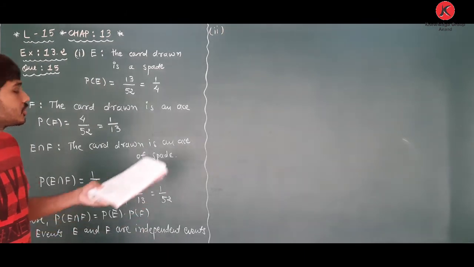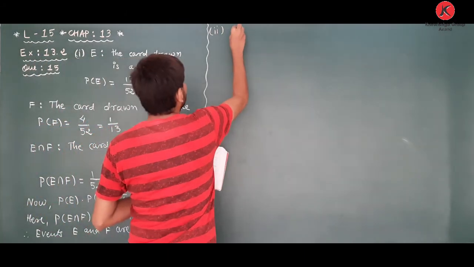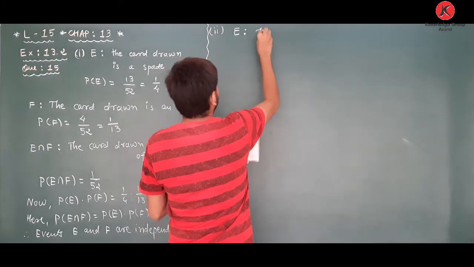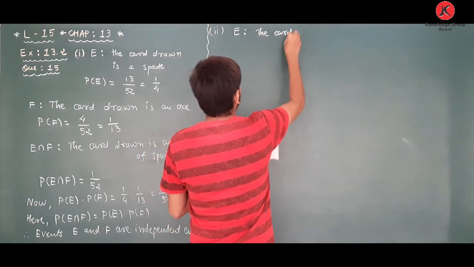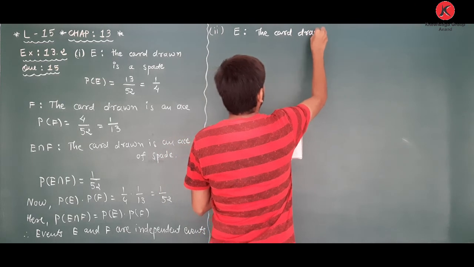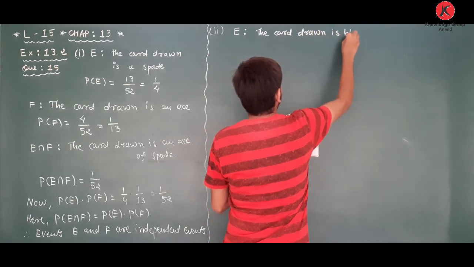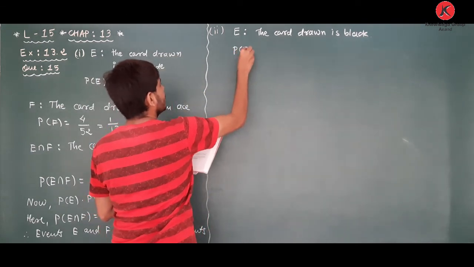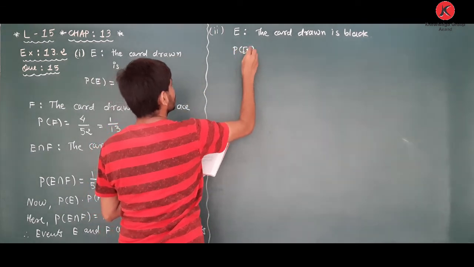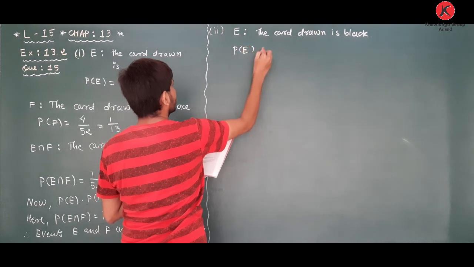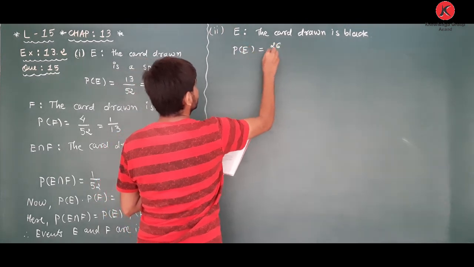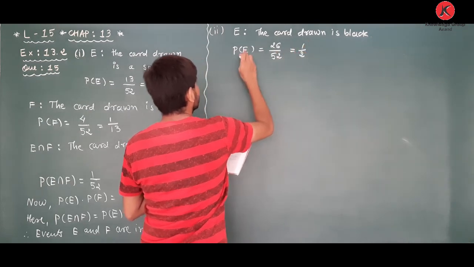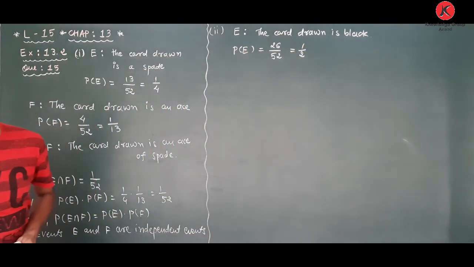So the probability of E, the total black cards available are 26 out of 52. Therefore the probability is 1 by 2.